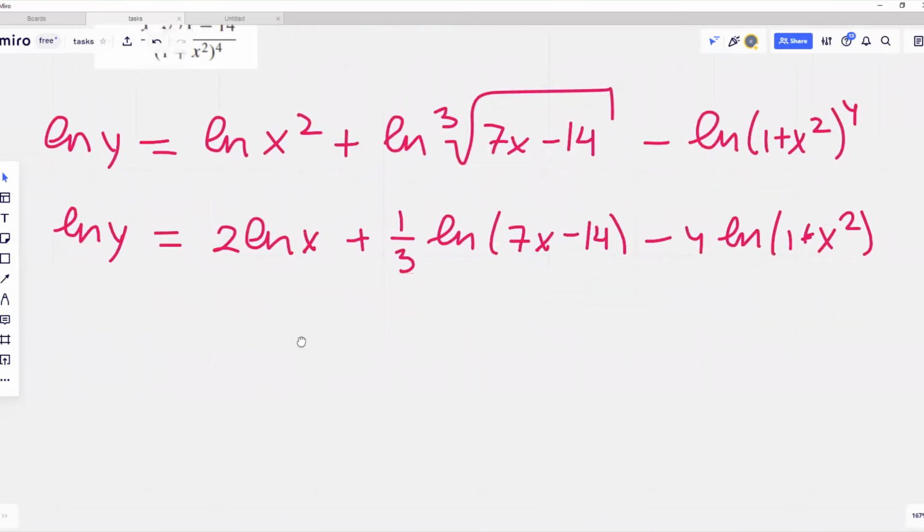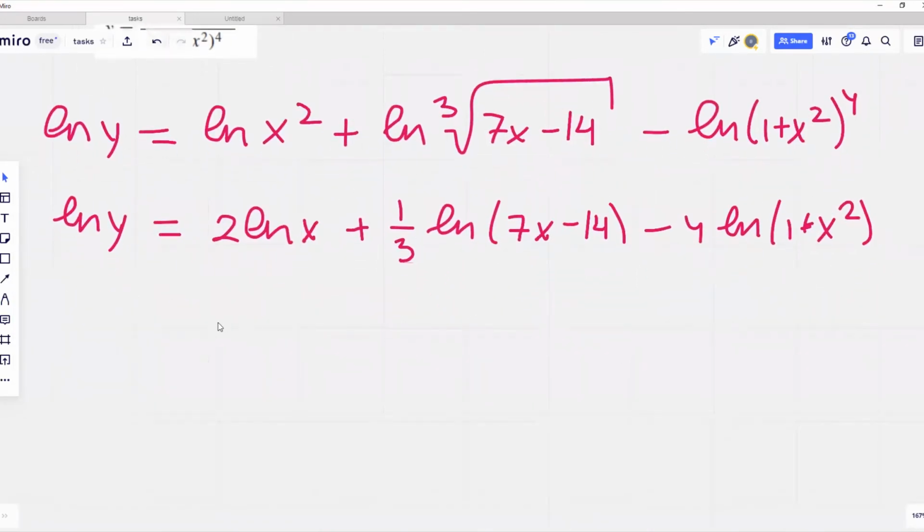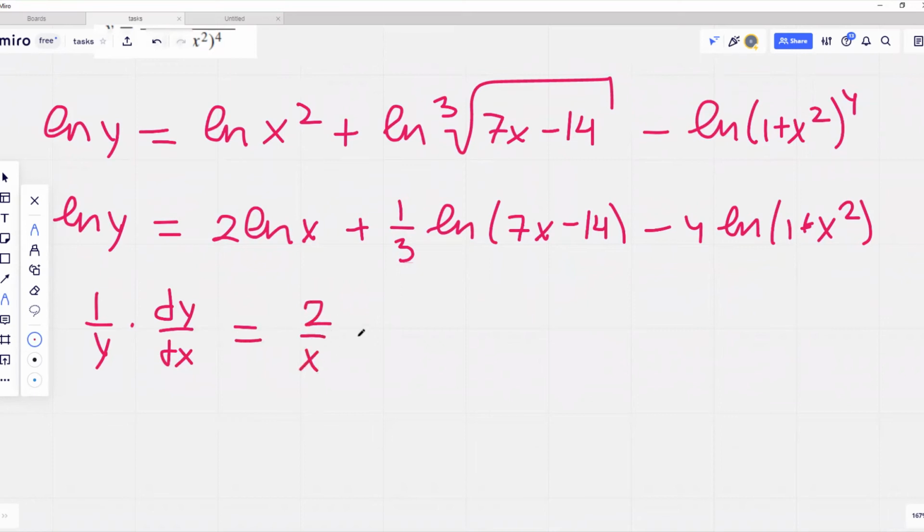Okay, now using implicit differentiation and differentiating by dx from both sides, we'll have 1 over y dy over dx equal to 2 over x plus 1 over 3 multiplied by 7x minus 14.